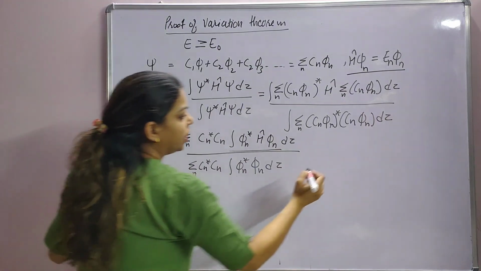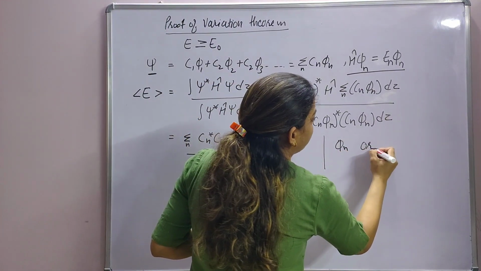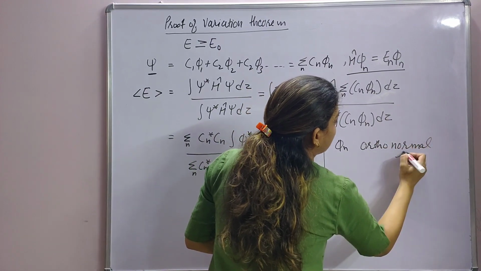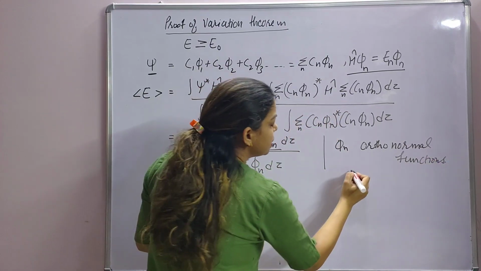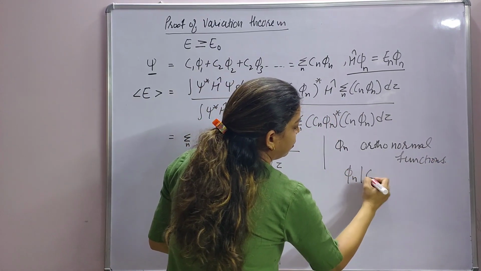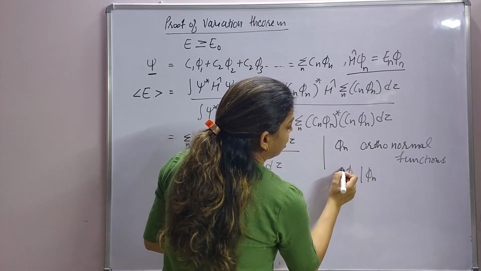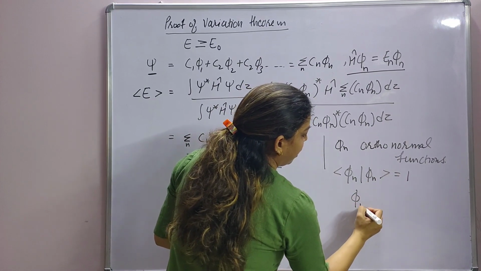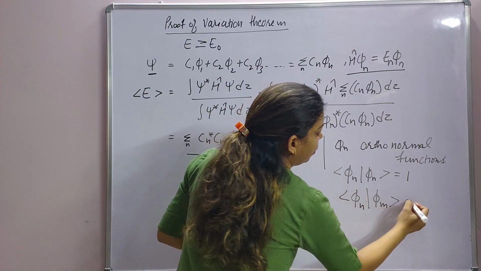Now one more thing, all these phi n functions are orthonormal functions. It means the integral of phi n star phi n will be equal to 1, and phi n with phi m, another function, will be equal to 0.